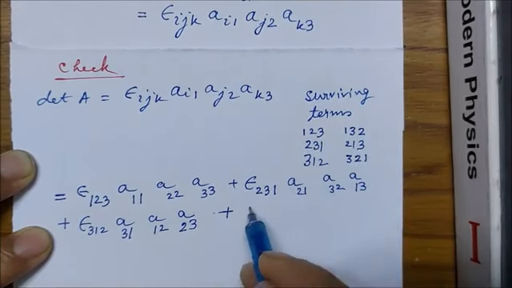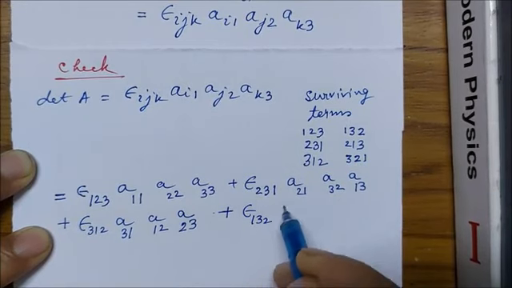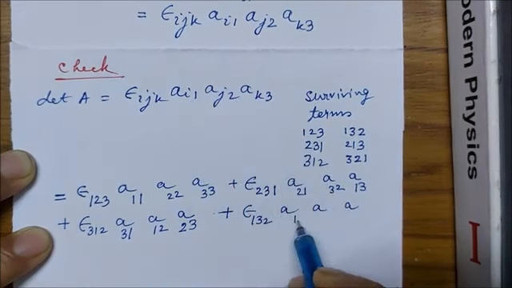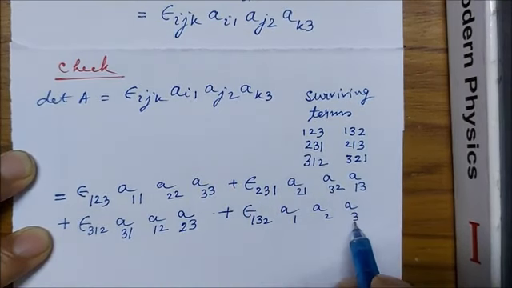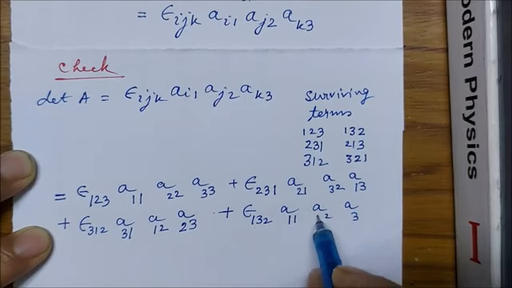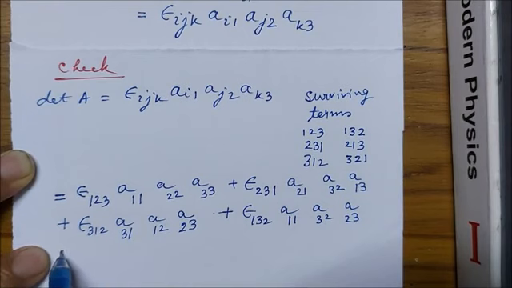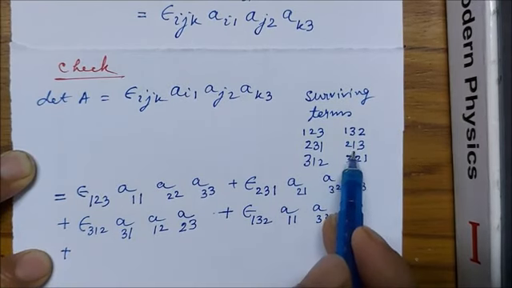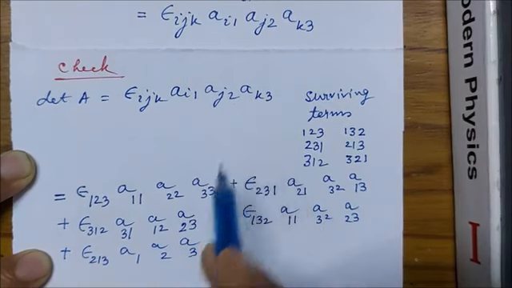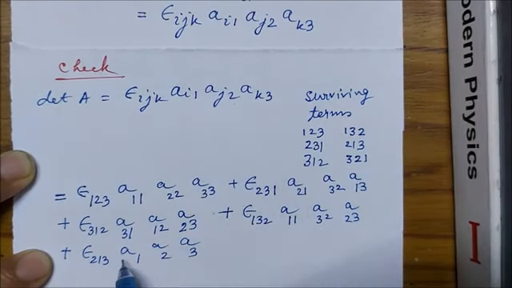Then we have 1, 3, 2. One, 2, 3 are the rightmost indices and the leftmost indices are 1, 3, 2. We have 2 more terms, one corresponding to 2, 1, 3. One, 2, 3 the rightmost ones and the left ones are 2, 1 and 3.